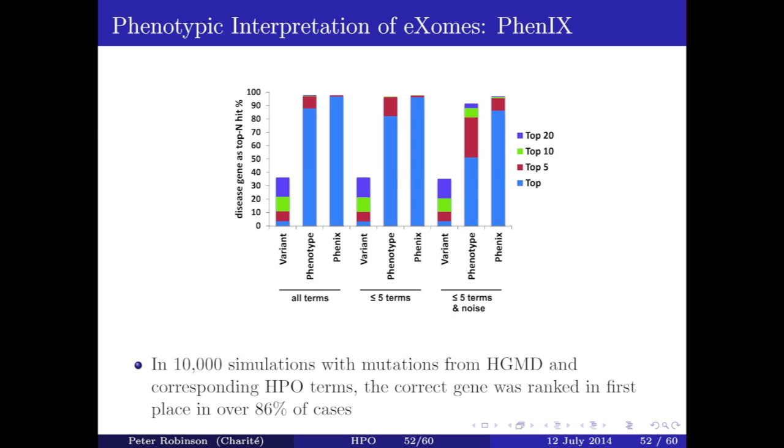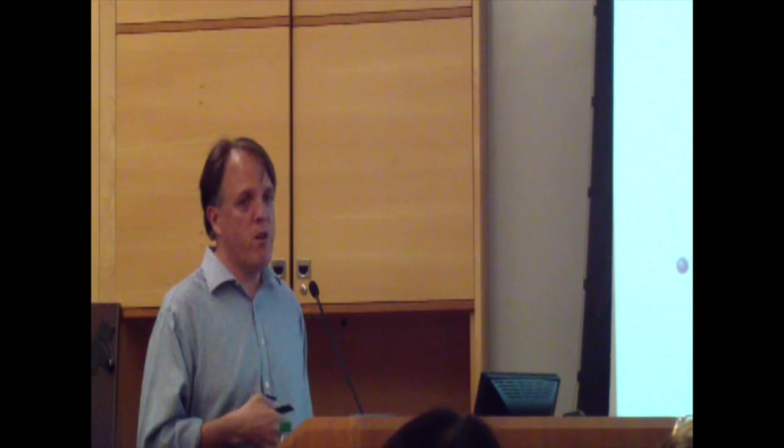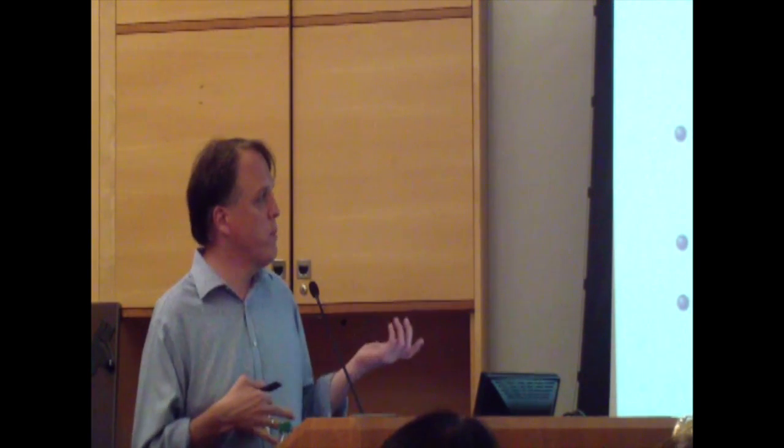And we also added noise, so this, hiccup, an unrelated term or 2. And here, just using phenotype was a little bit worse, but still the combination was pretty powerful. And so actually the correct gene was ranked in first place in about 86% of cases. To be honest, it's hard to do simulations like this. I think this is probably a little bit better than what you would expect.